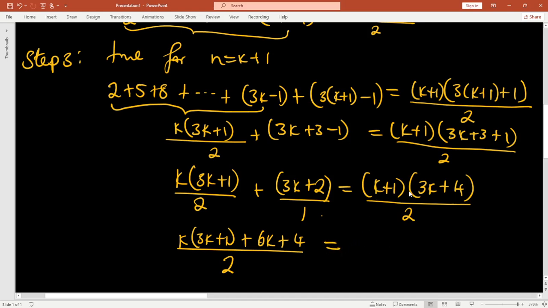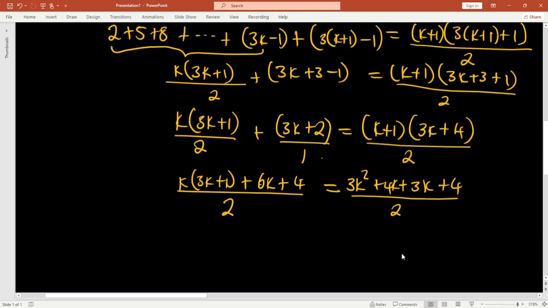So let's expand the brackets that we have this side here. So k times 3k, we get 3k squared, k times 4 plus 4k, plus 1 times 3k, we get 3k, 1 times 4, we get plus 4 like this here. Then everything here is being divided by 2. Alright, let's also expand the brackets that we have this side.